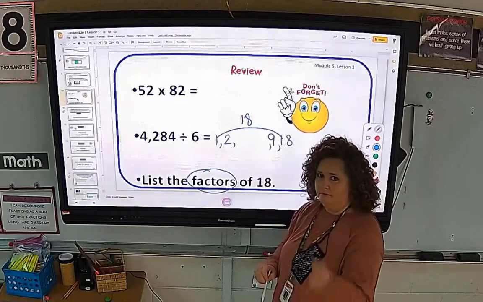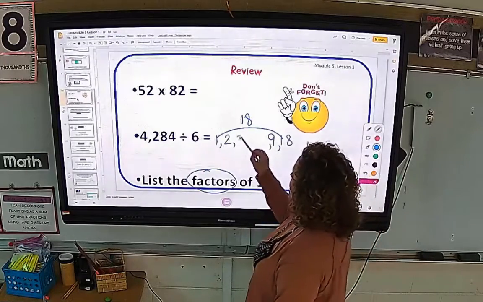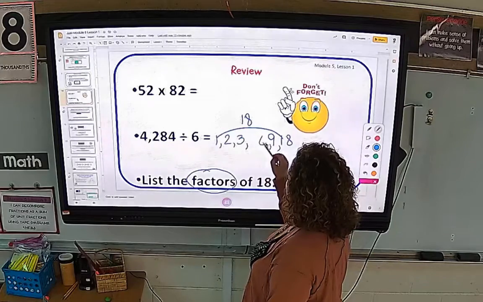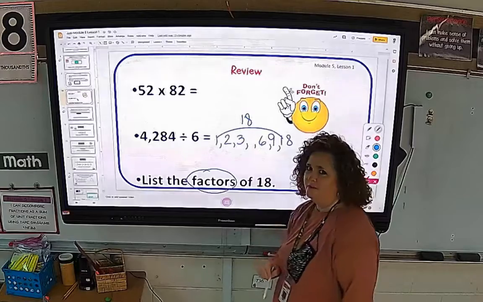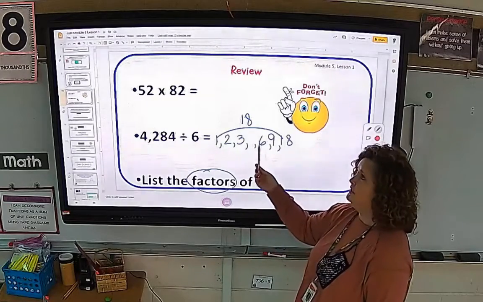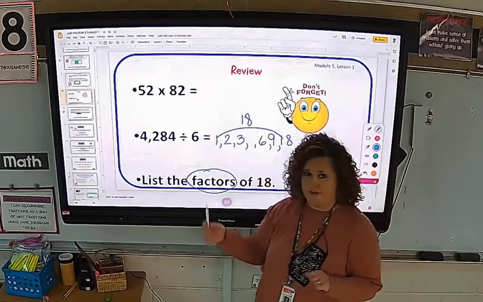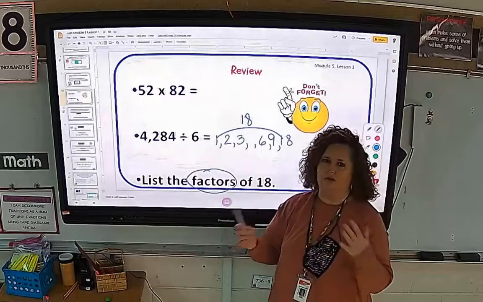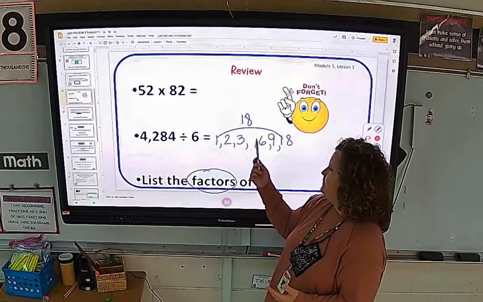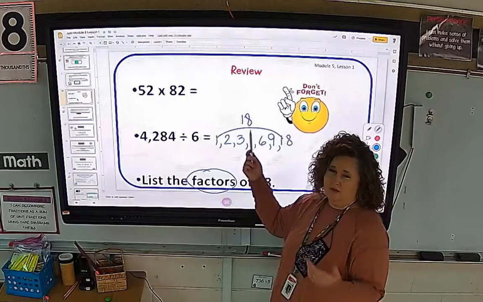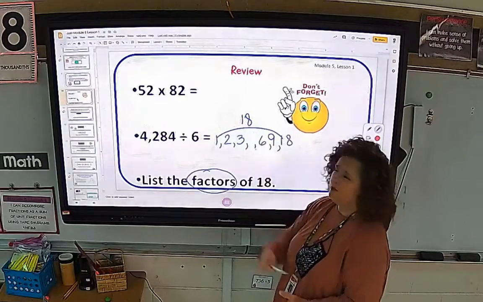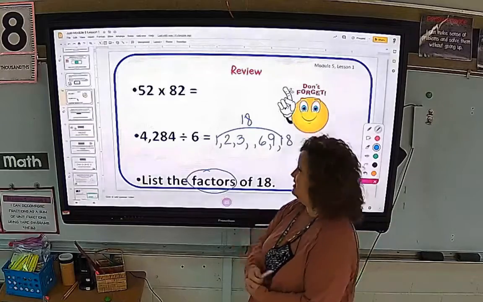Well, I know from my multiplication facts, 3 times 6 is 18. And I don't really know if I need both of those commas right there, because the only two numbers left in between 3 and 6 are 4 and 5. Well, 4 times 4 is 16, and that's pretty close, but because that's so close, I'm not going to be able to multiply 4 times anything to get 18.